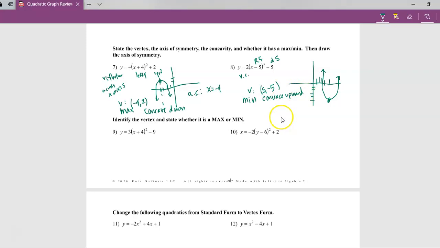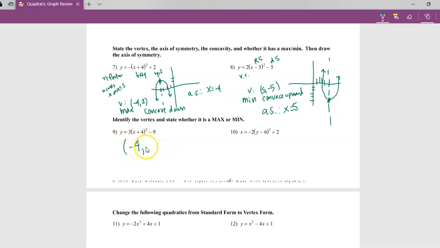What else do we need? Let's see. The axis of symmetry is always at the x value of the vertex. And to draw it on there, it will be this dotted line that goes through the vertex. All right, number 9, identify the vertex and state whether it is a max or min. So we're doing the same thing as before.